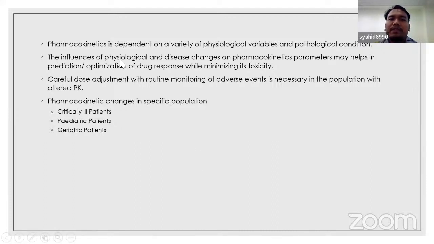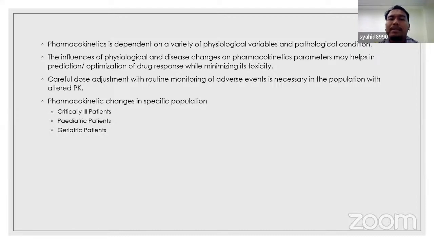The influence of physiological and disease changes on pharmacokinetic parameters may help in predicting and optimization of drug response while minimizing its toxicity. Careful dose adjustment with routine monitoring of adverse events is necessary in the population with altered PK. Altered PK involves administration, distribution, metabolism, and elimination.